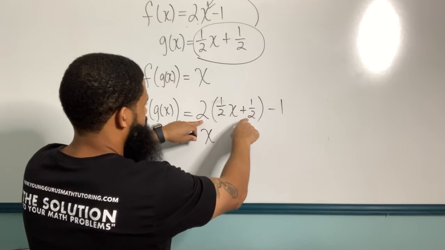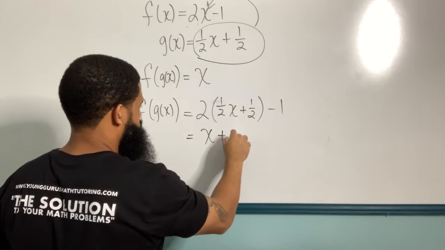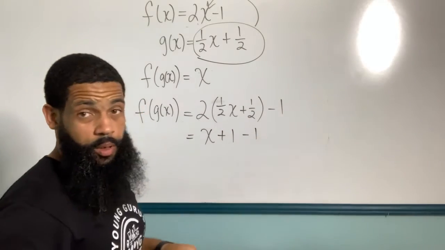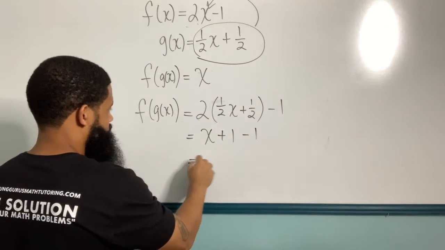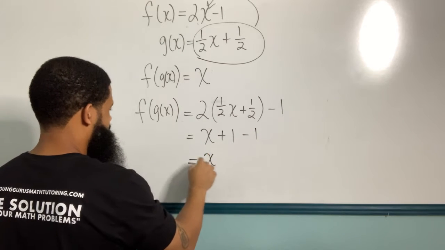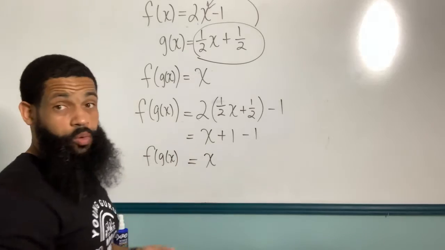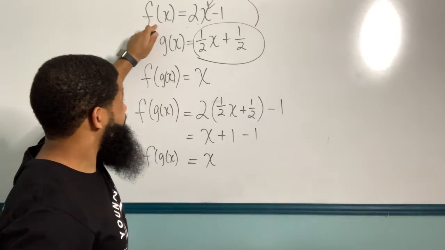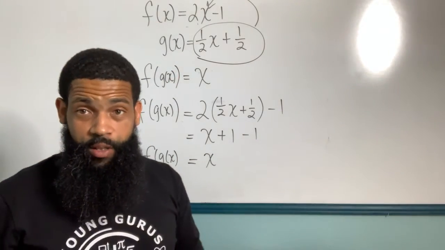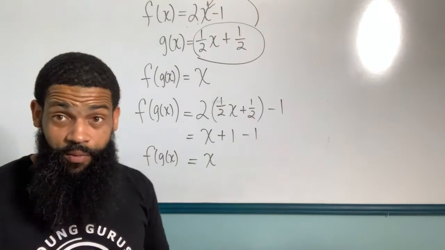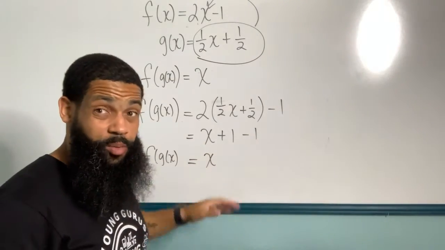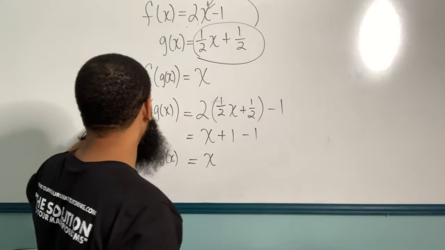And then 2 times 1/2 is just 1, and then minus 1. Simplify this, plus 1 minus 1, I get x. So f of g of x is equal to x. Therefore, f of x and g of x are inverses because when I found f of g of x, it simplified to be x.